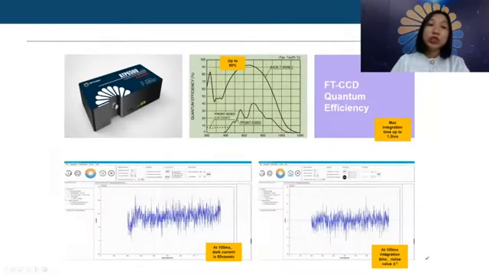Let's take more examples of the Optosky ATP 6500 detector. We can see that at an integration time of 100 milliseconds, the dark current is only 80 counts, and the noise is only 7, very low.